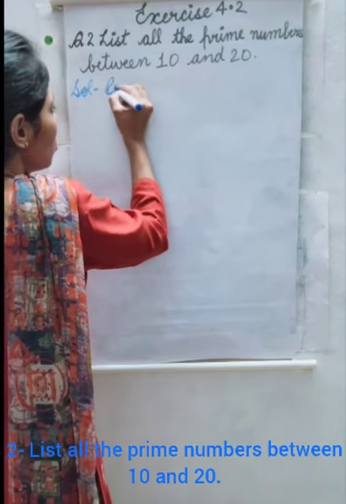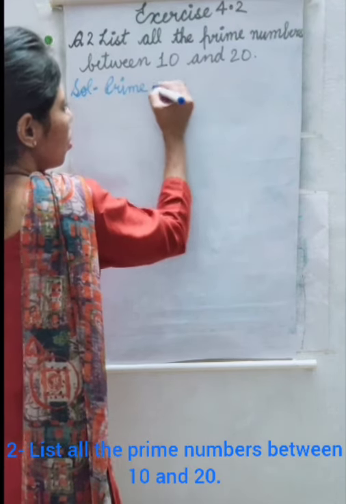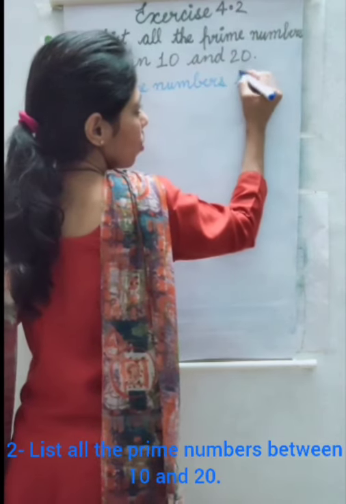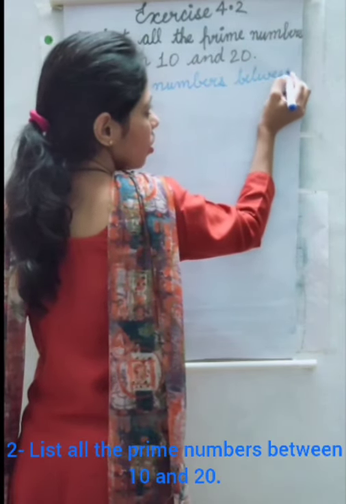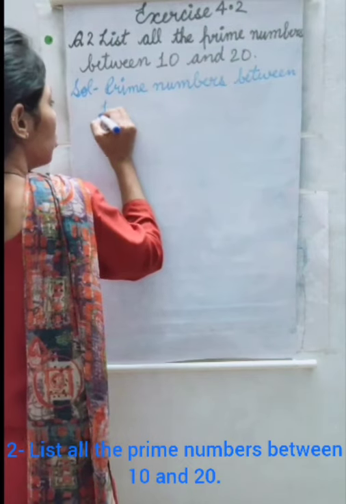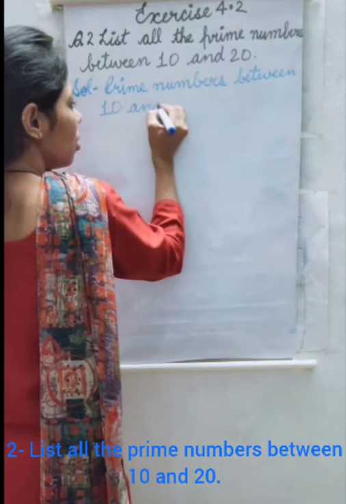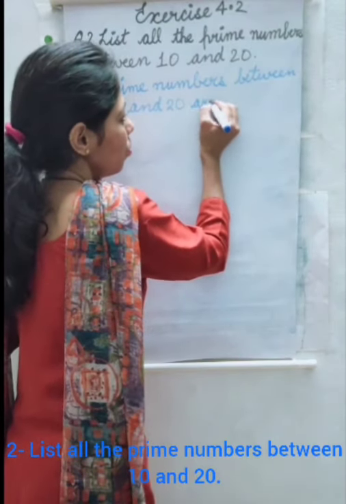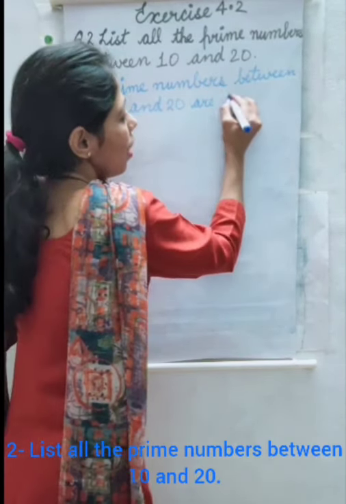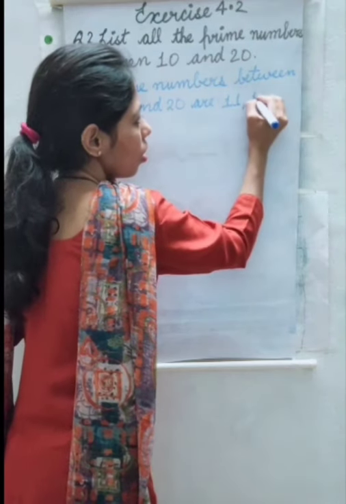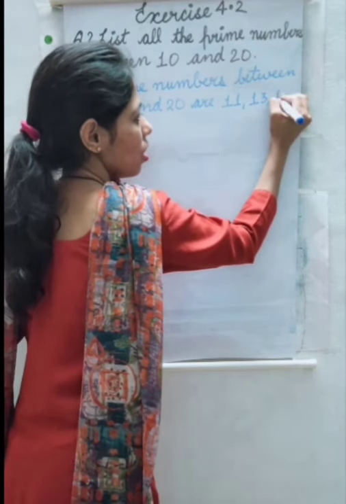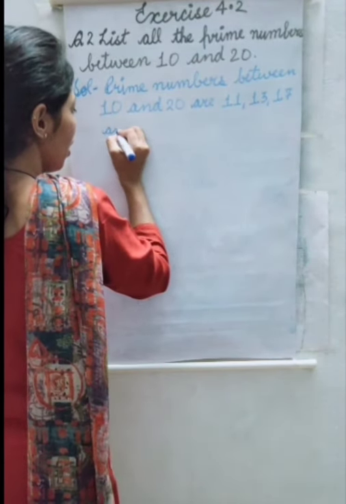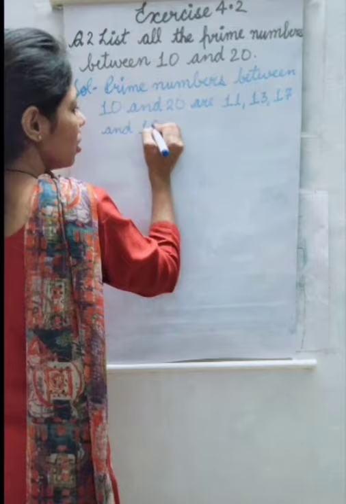So prime numbers between 10 and 20 are 11, 13, 17 and 19.